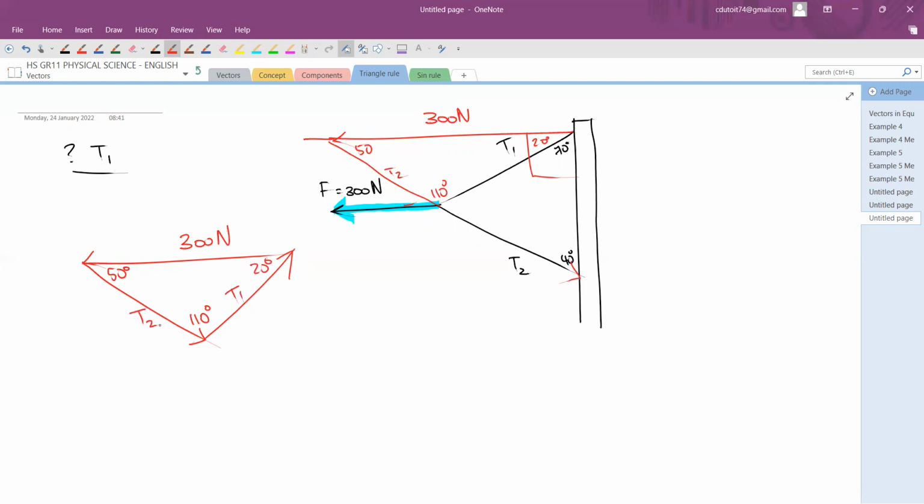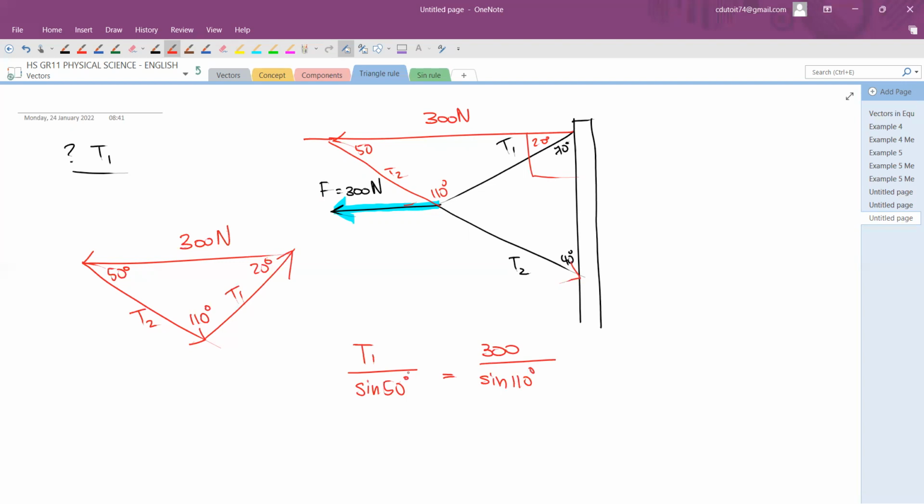Now, if you can make that drawing, complete that drawing, then you can do the sine rule with it. It's just really easy. So tension 1 over sin 50 equals 300 newtons over sin 110.